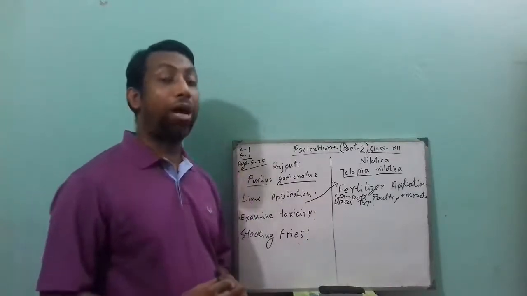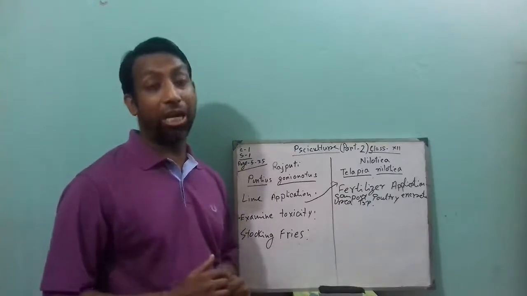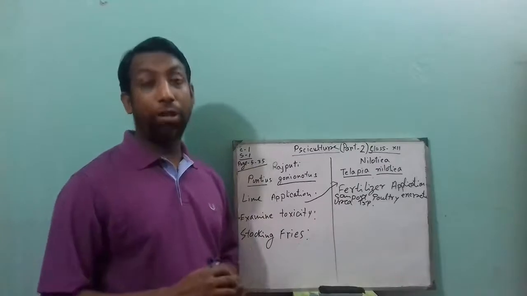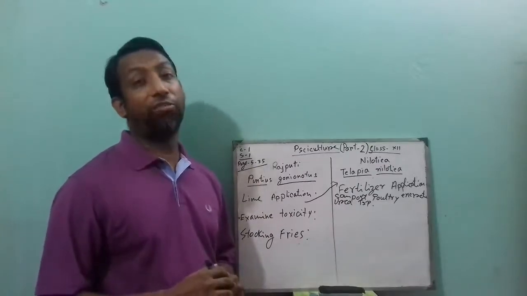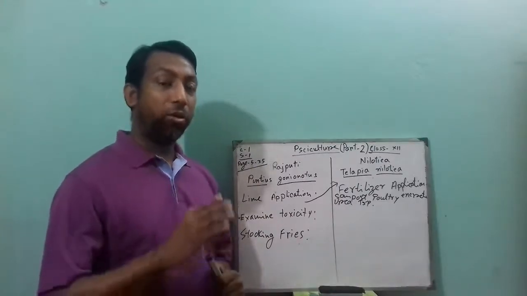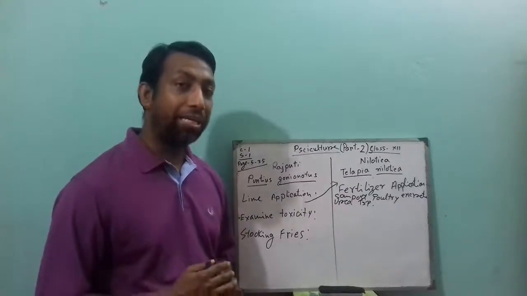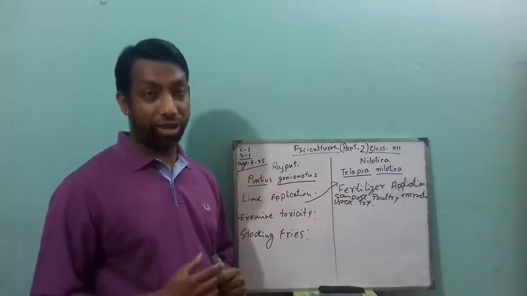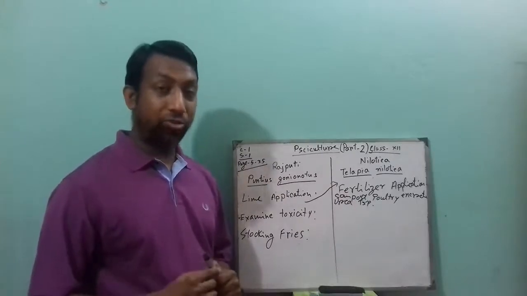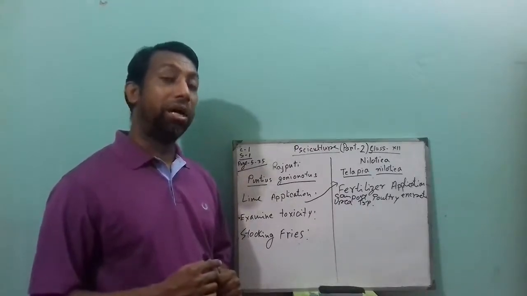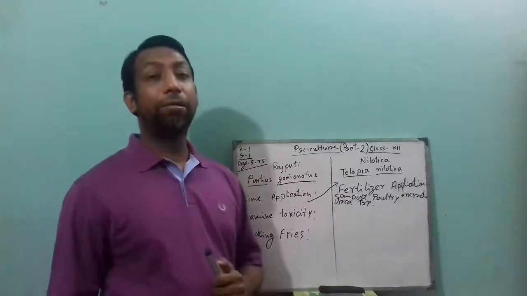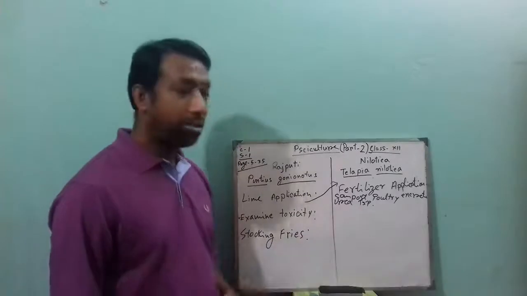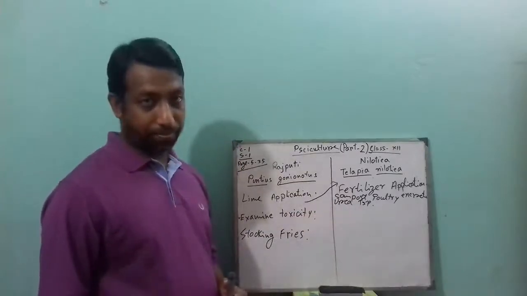If the pond water is not a greenish color, at that time we can understand that there is not enough natural feed. Because when you release the fries, the fries eat the natural feed. That is why the natural feed in the pond is decreasing, and at that time you have to apply fertilizer.